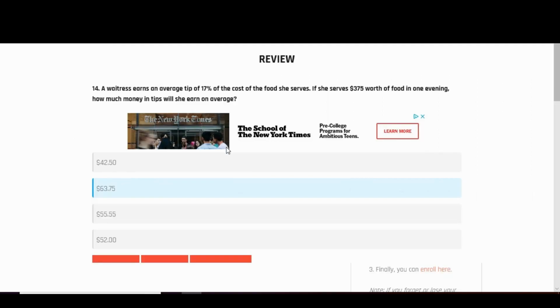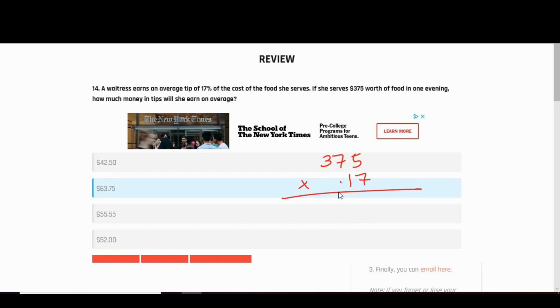It says a waitress earns an average tip of 17% of the cost of food she serves. If she serves $375 worth of food in one evening, how much money in tips will she earn on average? To find this one, we're going to do 375 times 0.17.